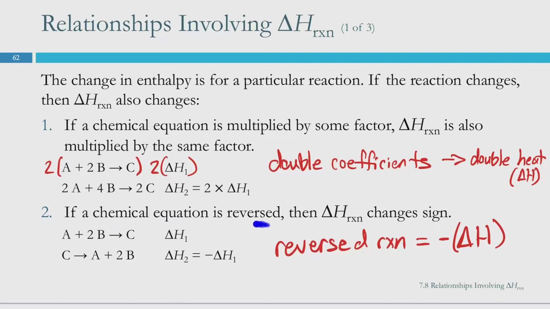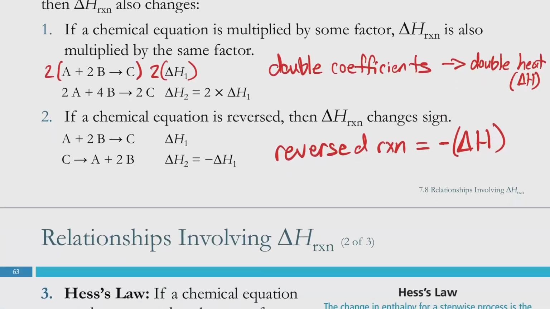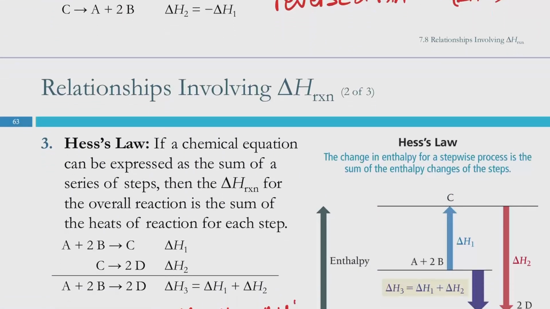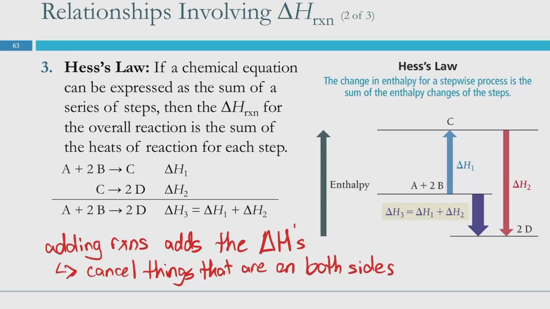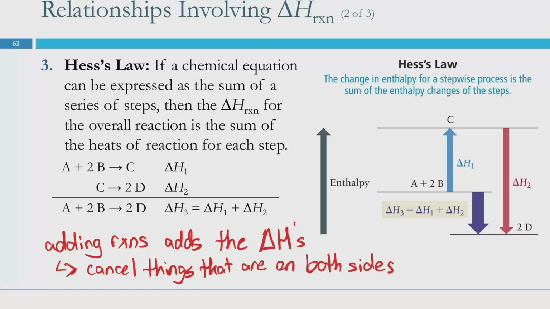We can also reverse the chemical equation, and that's going to flip our heat of reaction from positive to negative or negative to positive. And then the Hess's law part is that we can add those chemical equations together. So like in this example, we've got A plus 2B going to C and C going to 2D.